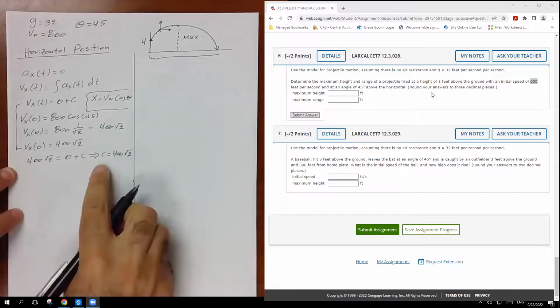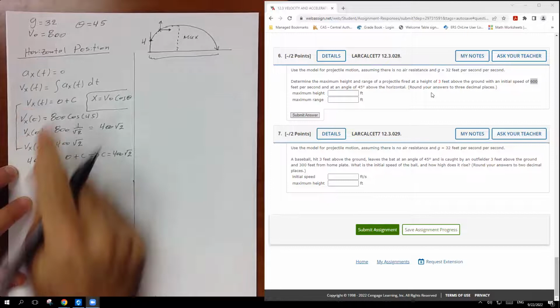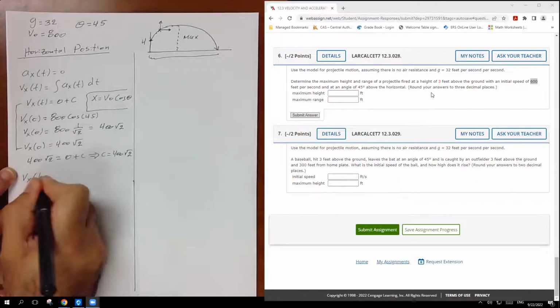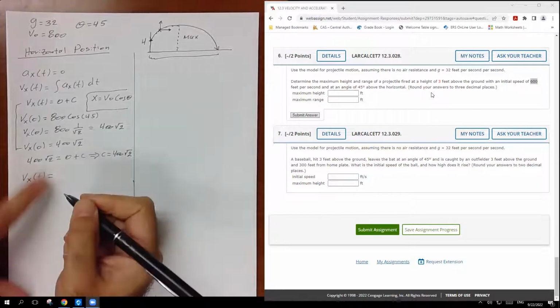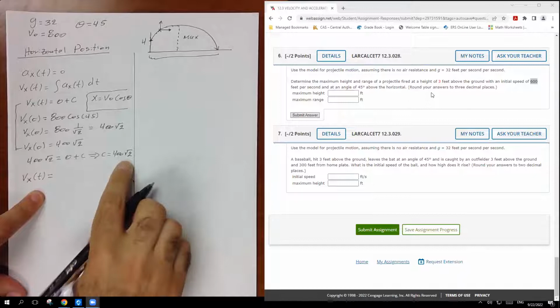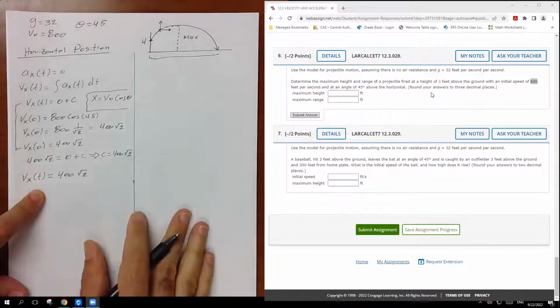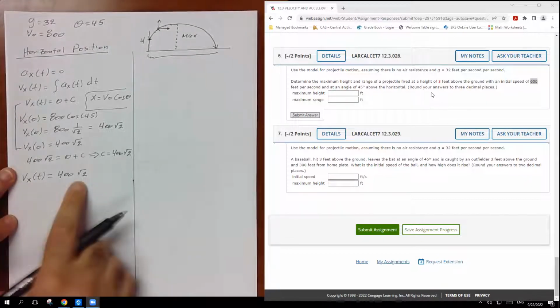I have the value of c. I'm going to go back and write down the velocity with respect to x. v sub x with respect to t is going to be just the c, which is 400 square root of 2. So now I need to find the position vector with respect to x.